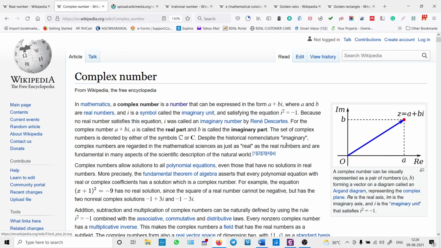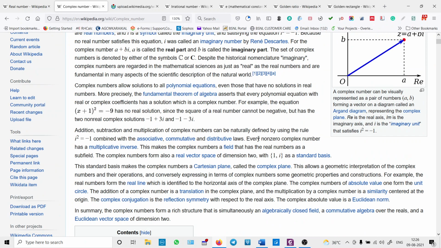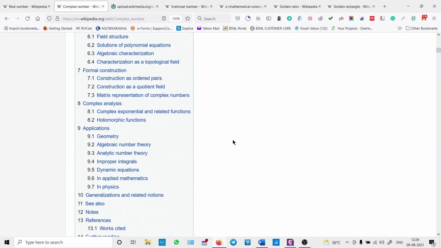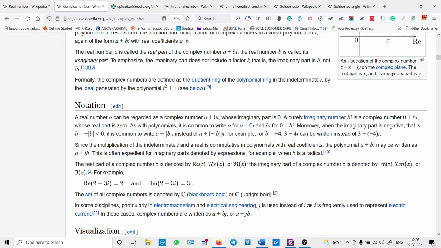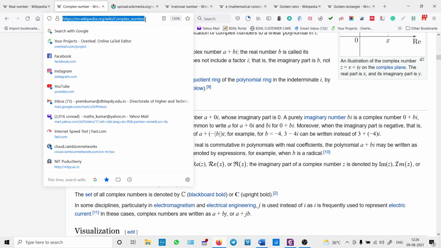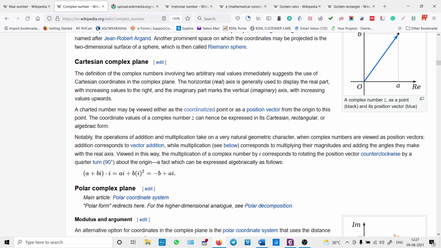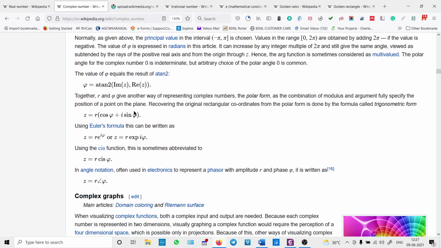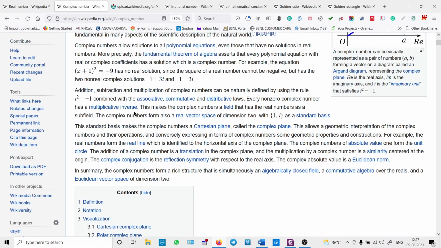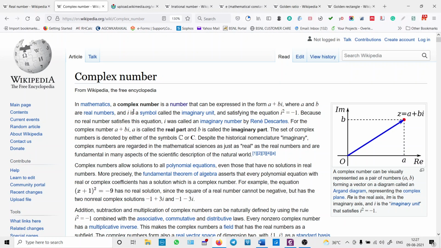If you want to study more deeply, you can refer to the Wikipedia link given here. But at present we are not going to use complex numbers and their properties. We will deal with them next year under the subject complex analysis.